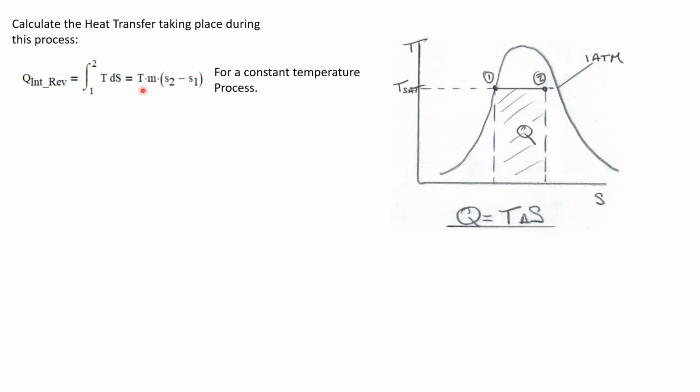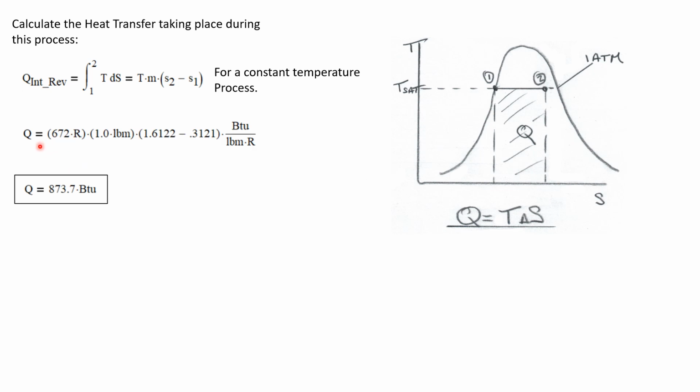And we can write that as the temperature times the mass times the change in specific entropy. So what we see is that a process going from state 1 to state 2 that is internally reversible follows this horizontal line between states 1 and 2, and the area under the curve is the heat transfer Q.